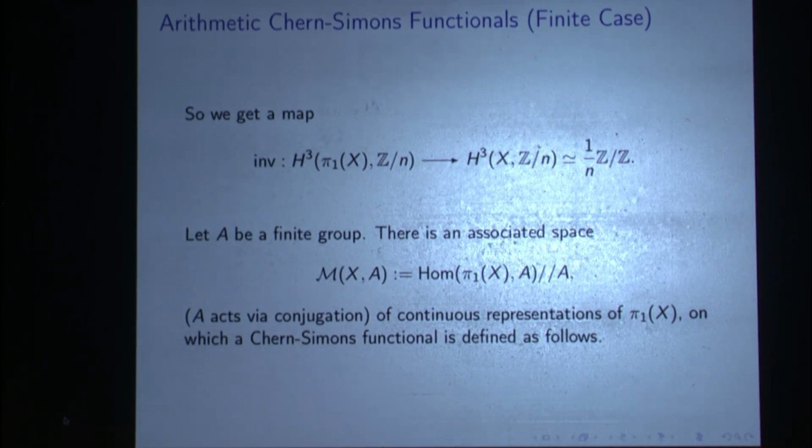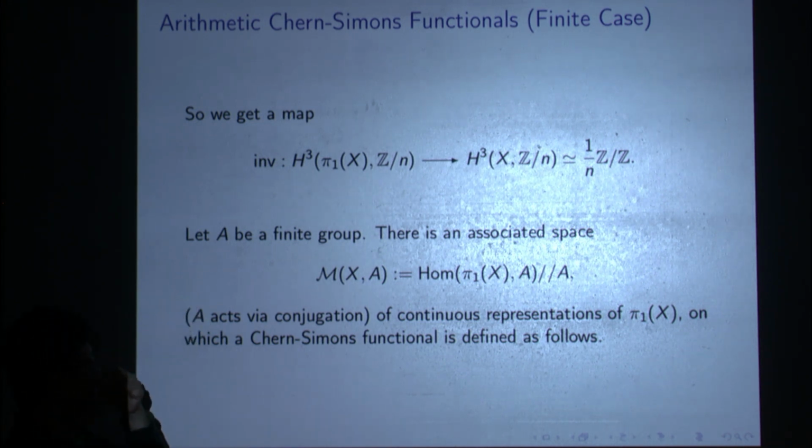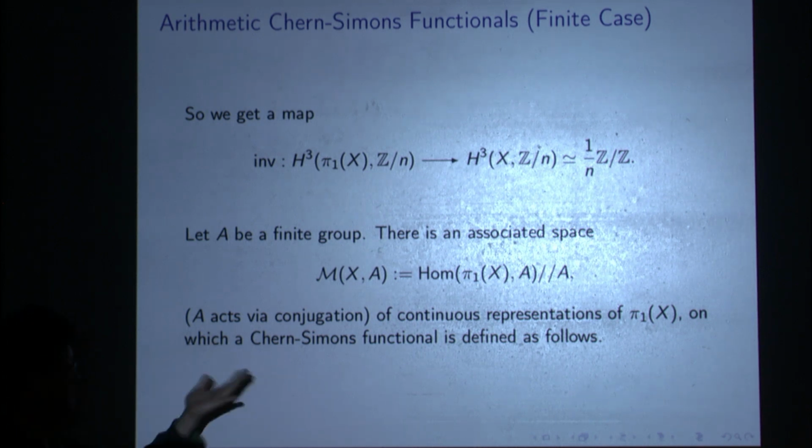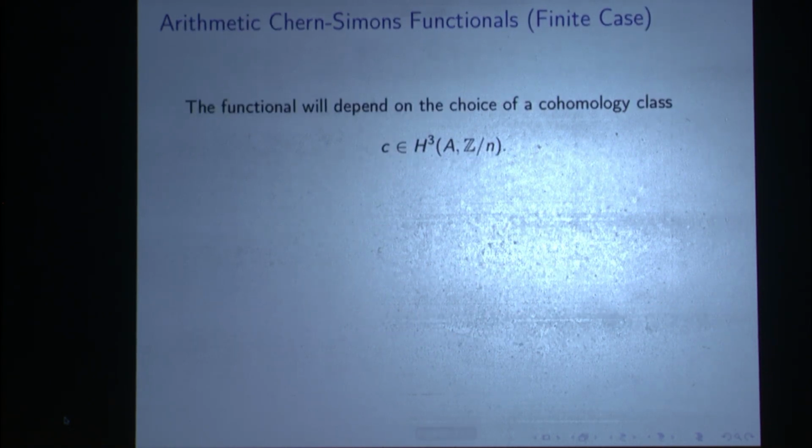So how do we get Chern-Simons or Dijkgraaf-Witten type functions? As I said, I'm just going to work with finite group coefficients today. Let's take A to be a finite group. So I'm taking the moduli space of representations of the fundamental group of X inside A, homomorphisms to A mod conjugation. In order to define a global function on these things, as in the Dijkgraaf-Witten theory, we need a choice of a cohomology class.